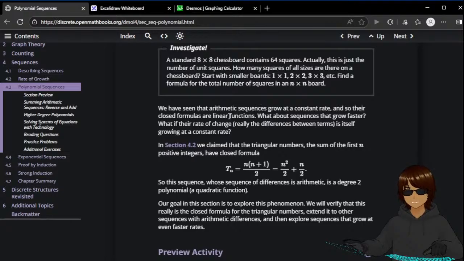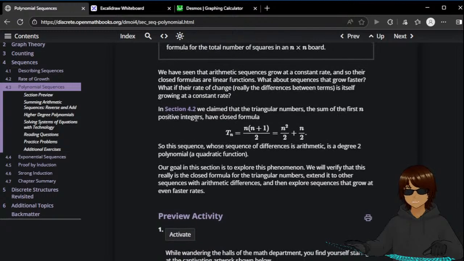We have seen that arithmetic sequences grow at a constant rate, so their closed formulas are linear functions. What about sequences that grow faster? What if their rate of change is itself growing at a constant rate? In section 4.2, we claim that the triangular numbers, the sum of the first n positive integers, have a closed formula. Tn is this.